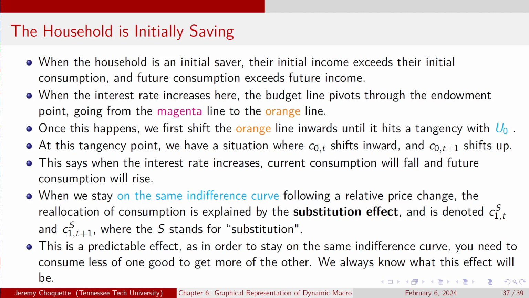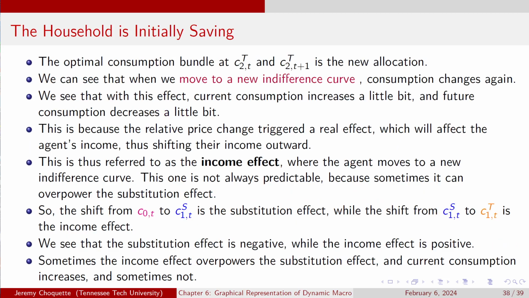Remember that whole proof I showed you where the indifference curve was downward sloping, right? Well, in terms of the substitution effect, that is why we needed to see that. So when we have this new allocation, well, we move to a new indifference curve and consumption changes again. The amount that changes by is what's known as the income effect.